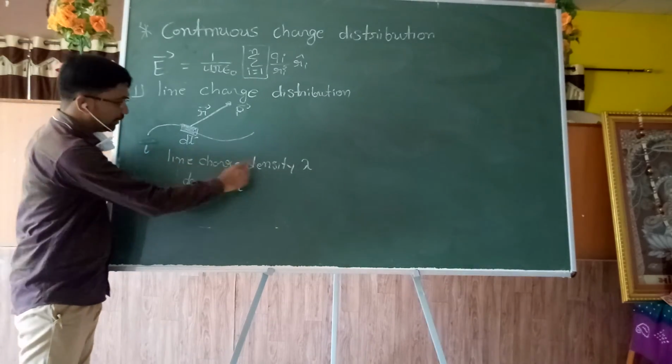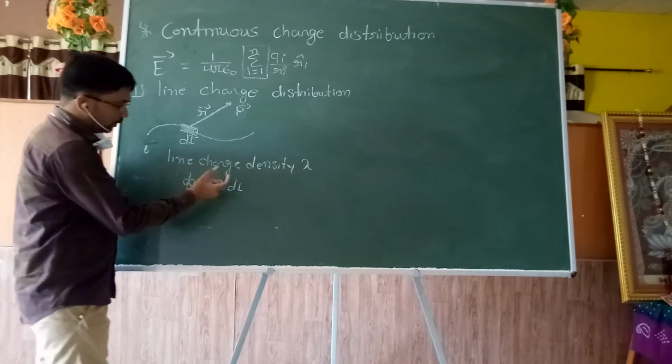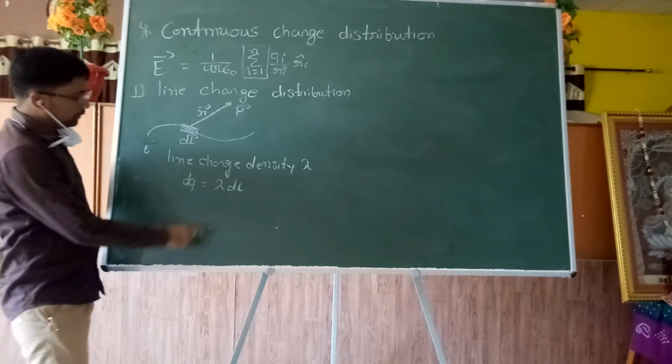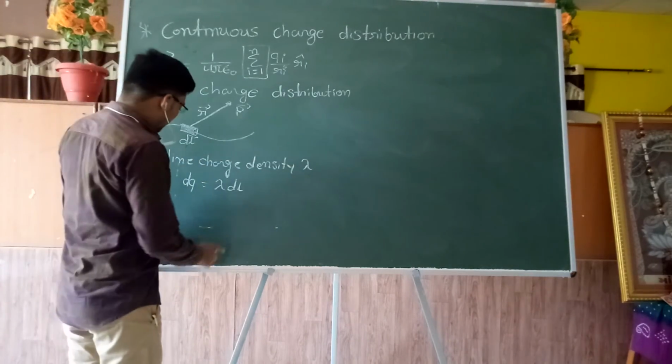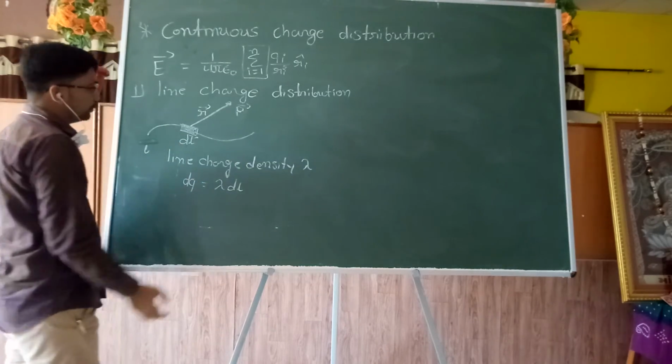Lambda, line charge density, charge per unit length. Okay. So if we suppose dl is unit, then dq is equal to lambda. Okay. So charge on the small portion of line dl is dq.